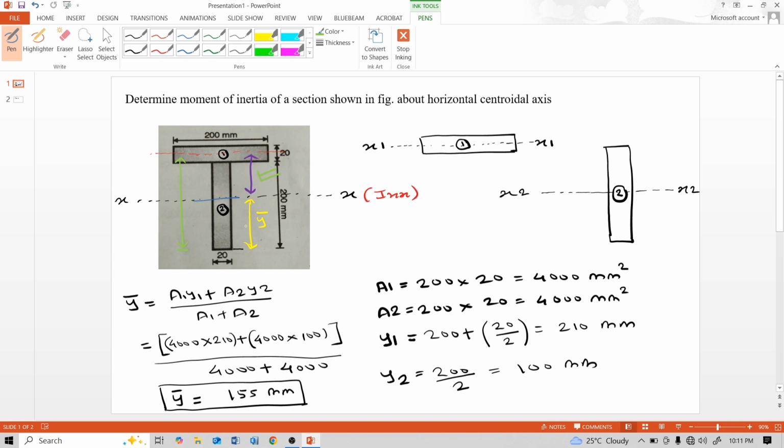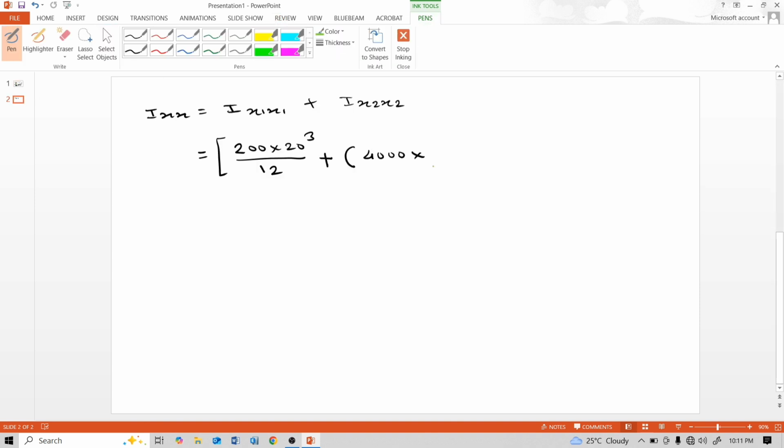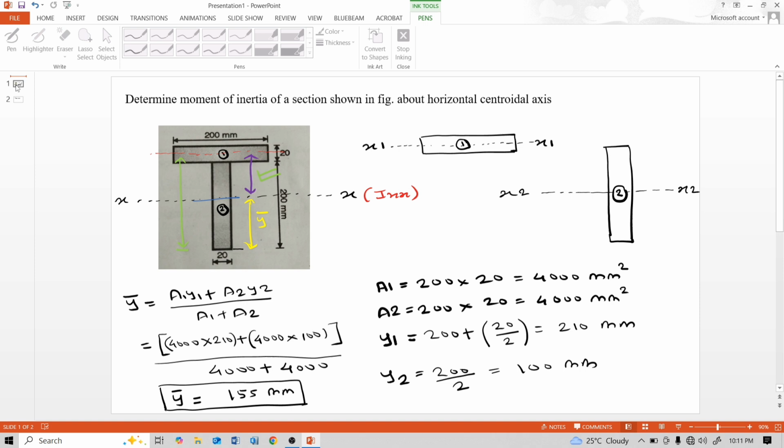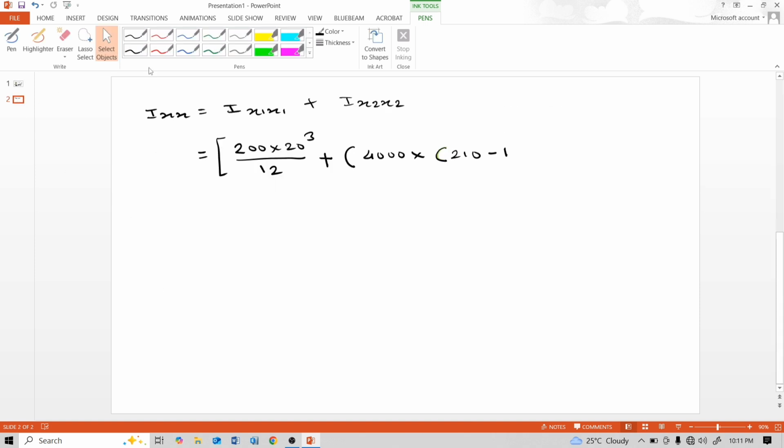So 210 minus 155, and the square of this term, by the parallel axis theorem, plus the second web part moment of inertia.